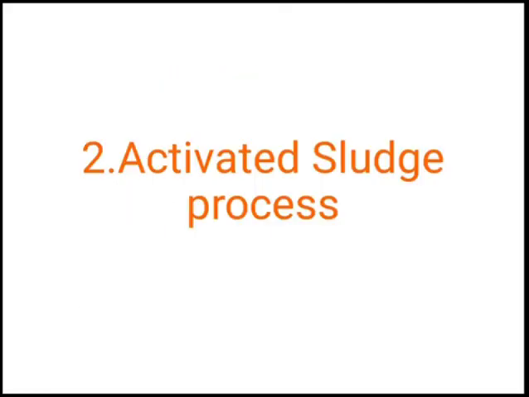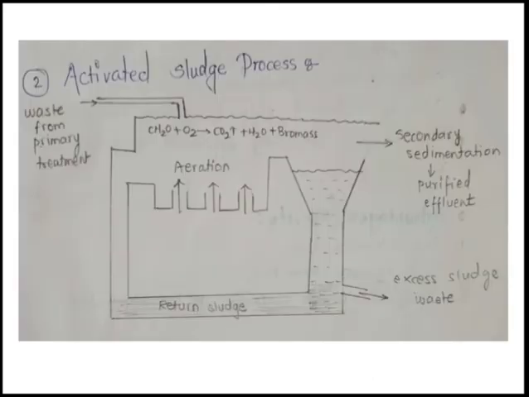And now the next method is the activated sludge process. In the activated sludge process, this is the diagram here. As we know, by the primary method the sewage will be removed and the water will be transferred to the secondary treatment. The water that has been separated by primary treatment is transferred from this arm into the system.